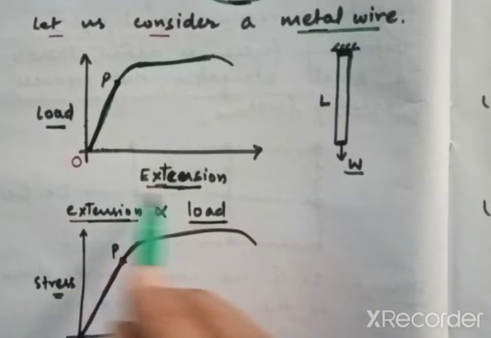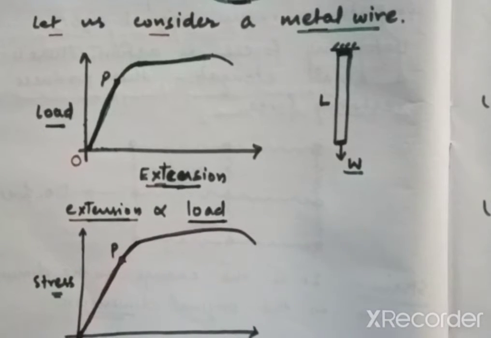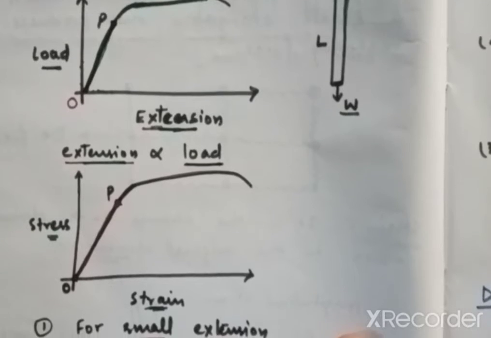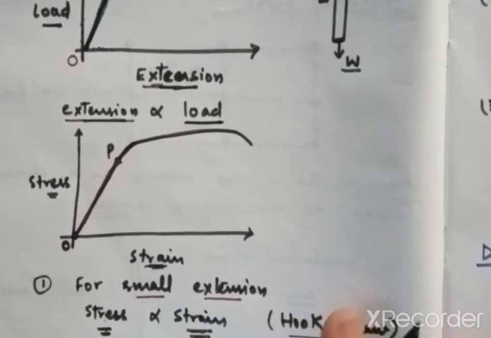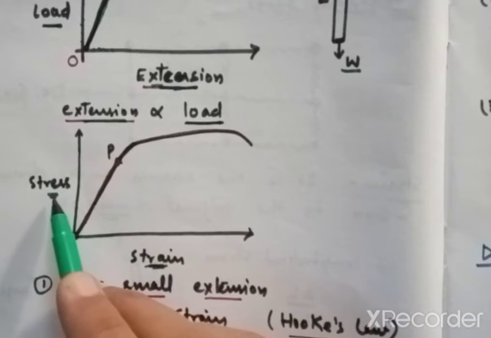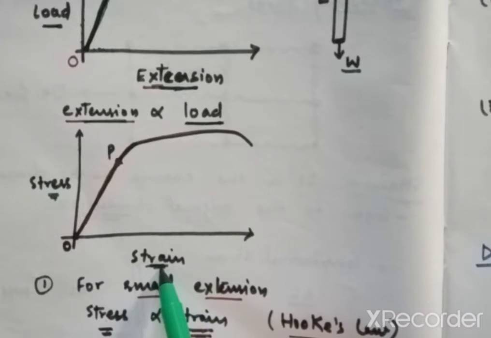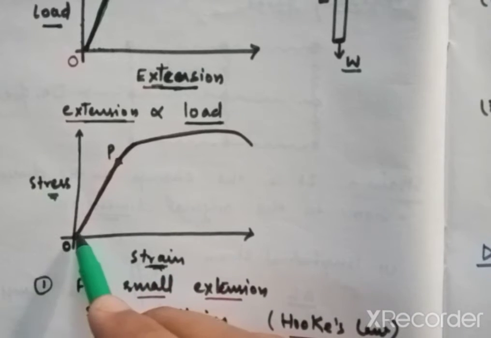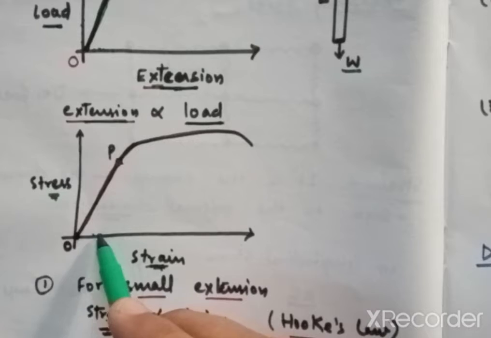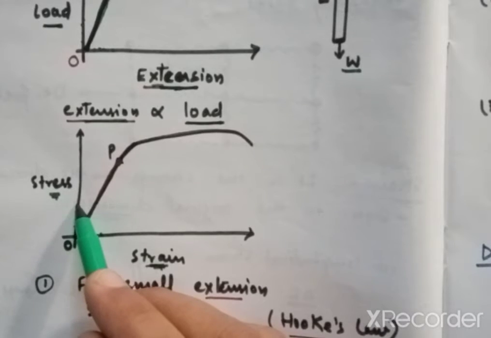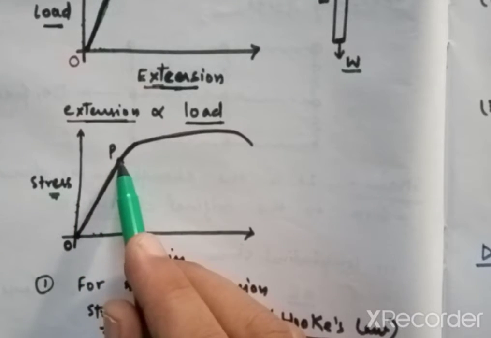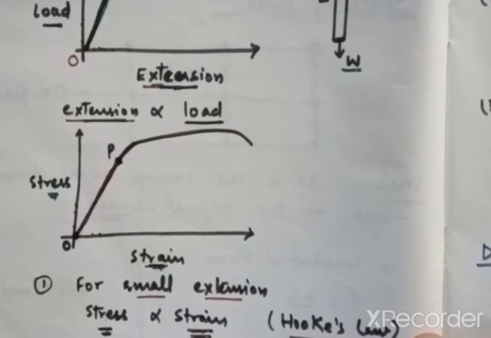So this is an idea of the graph between the stress and strain. Now similar is the graph of stress versus strain. Initially the strain increases, then the stress, the restoring force, also increases, and both are proportional to each other.